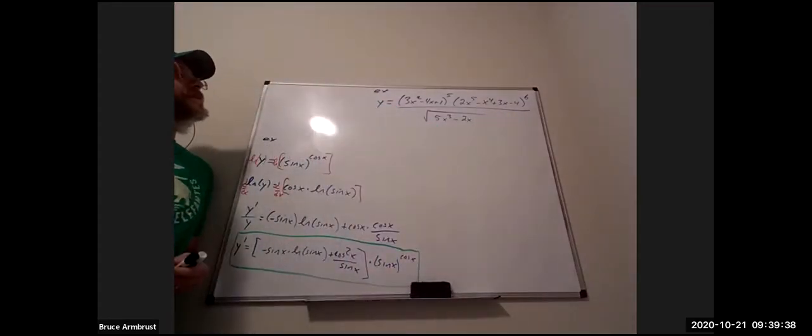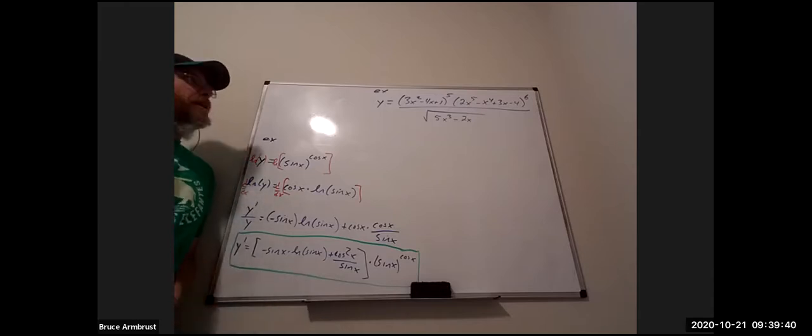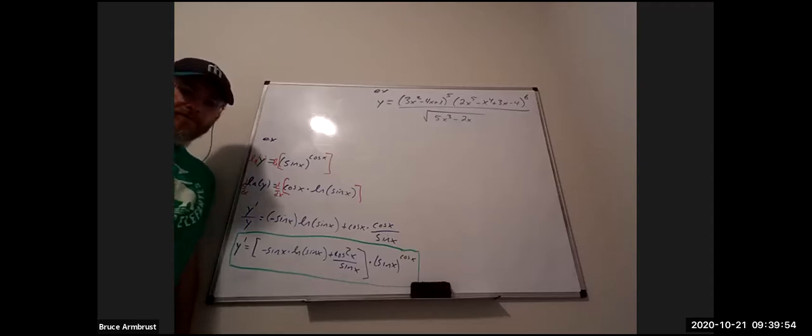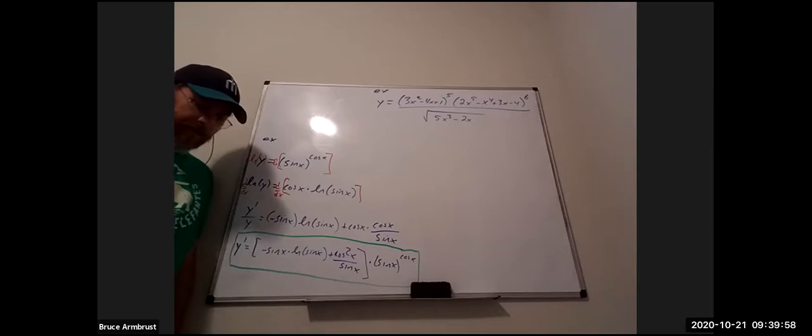Y equals 3x squared minus 4x plus 1 to the 5th times 2x to the 5th minus x to the 4th plus 3x minus 4 to the 6th divided by the square root of 5x cubed minus 2x. So I'll give you a second to write that down.